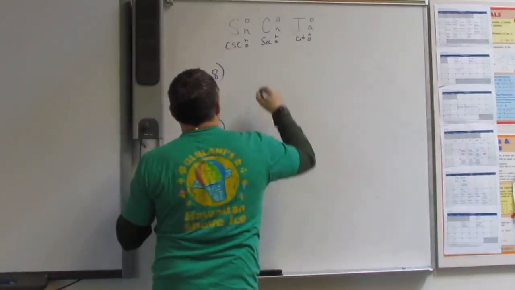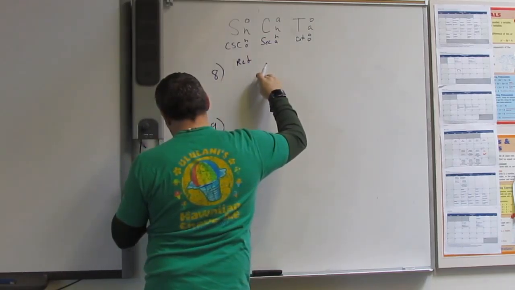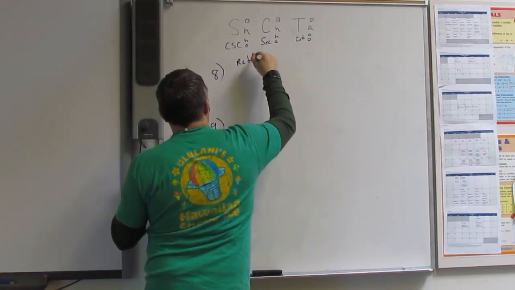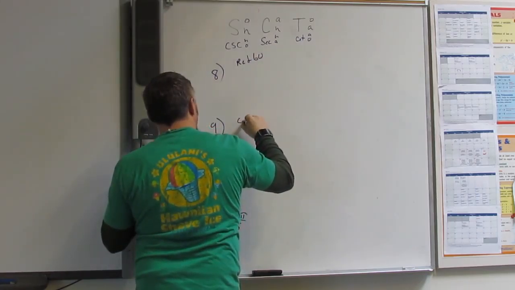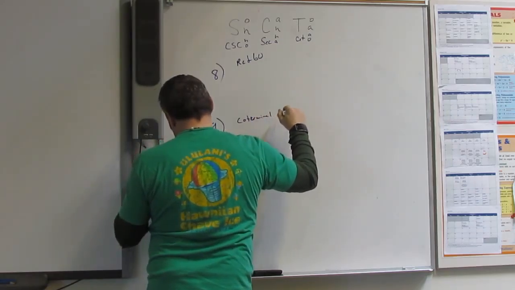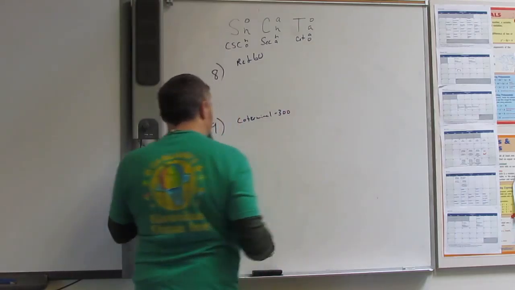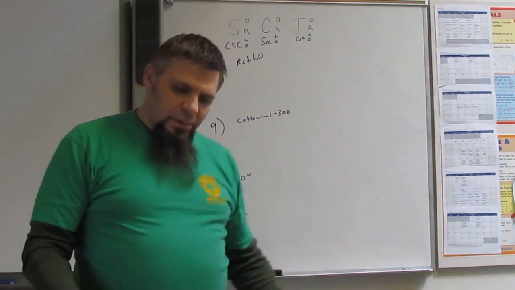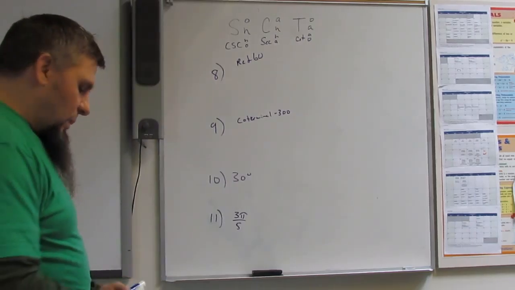This is a reference angle of 60 degrees. This is talking about a coterminal of negative 300. Okay.